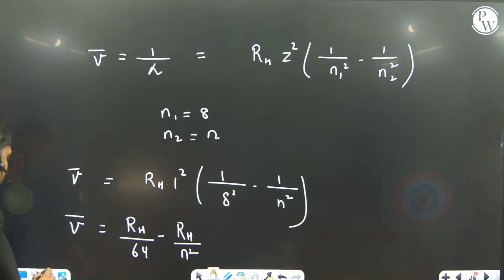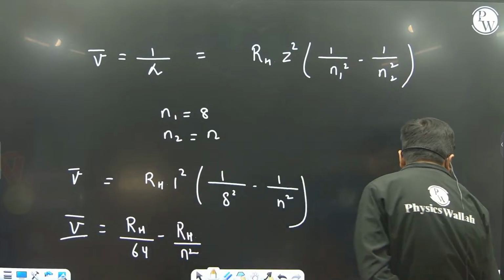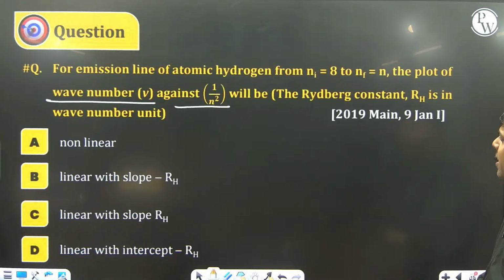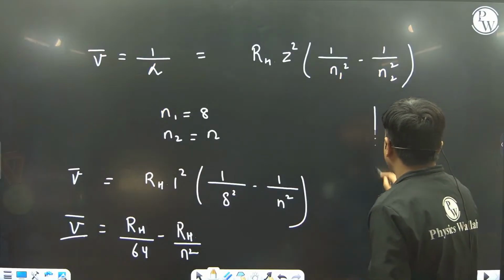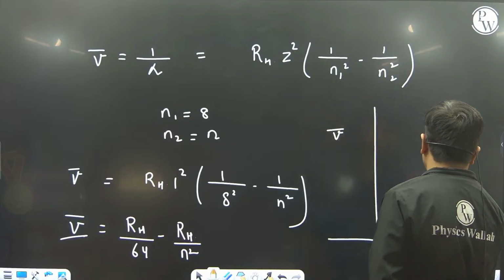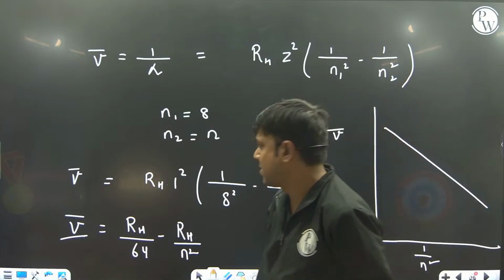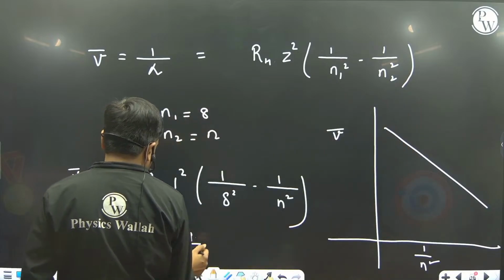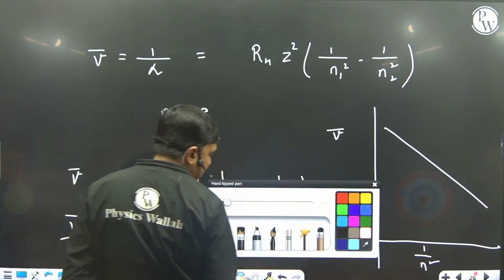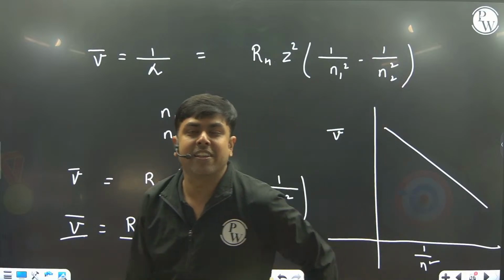If we plot a graph between wave number and 1 by N square, it is typically a straight line, right? So the graph will be somewhat like this. Wave number versus 1 by N square, and it is y equals c minus mx. What's the slope here? The coefficient of 1 by N square. And this coefficient is nothing but RH, right?